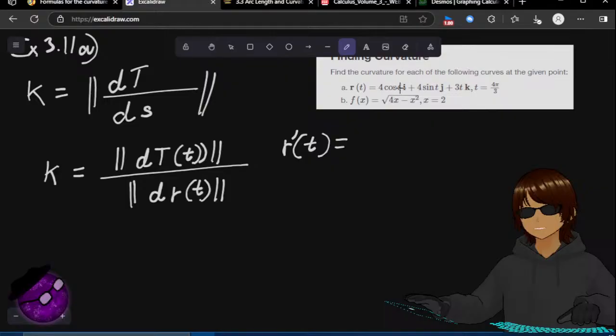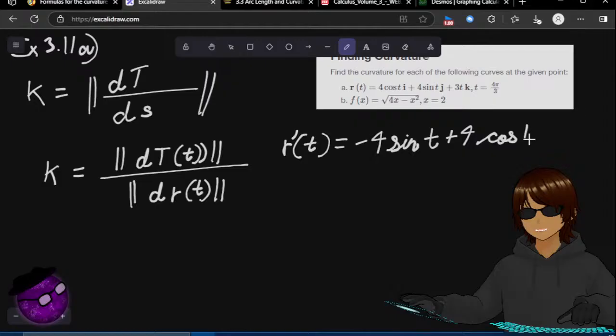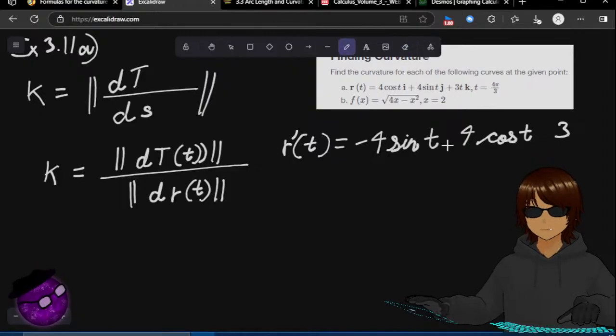So 4 cos t becomes minus 4 sin t, and then sin t becomes cos t, plus it with, instead of 3t it's just 3, and not plus, like that.